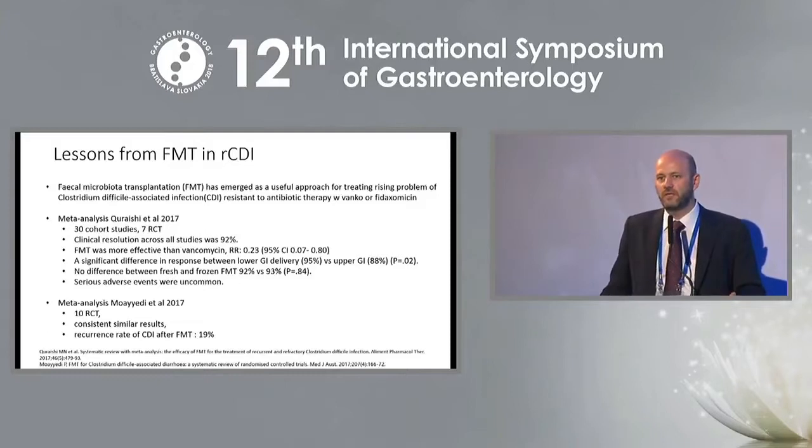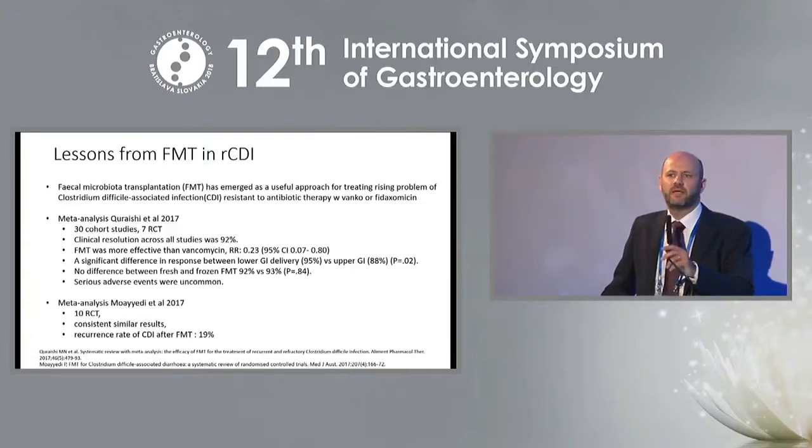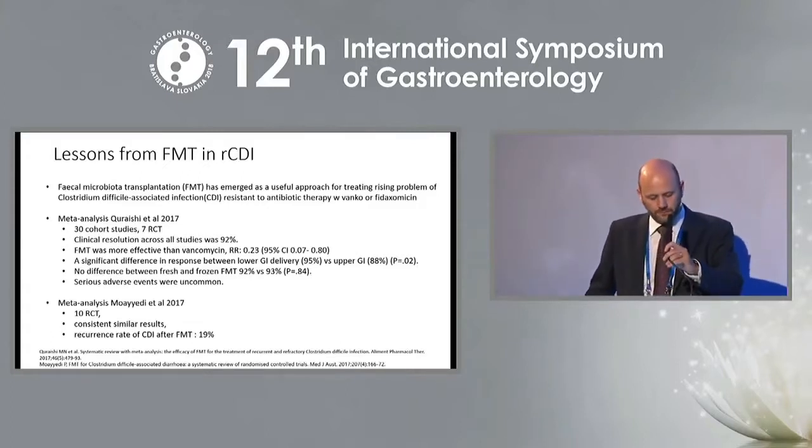The difference was not that big in CDI, but still was significant, 95% versus 88%. And what was also evident from this meta-analysis was that there was no difference between fresh and frozen FMT transplants.